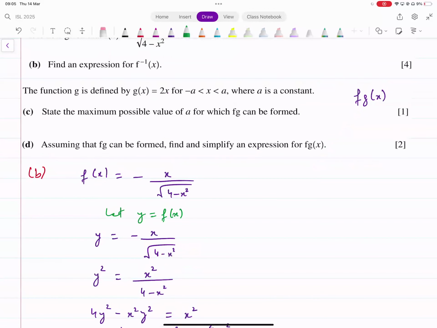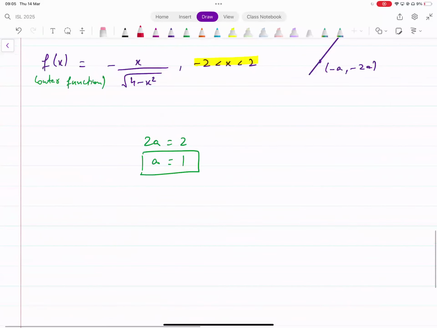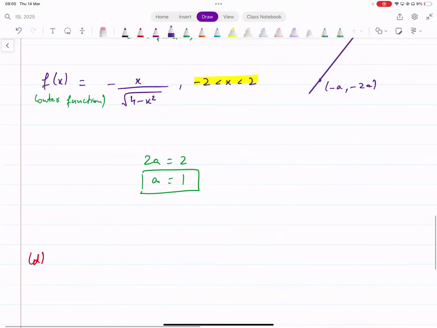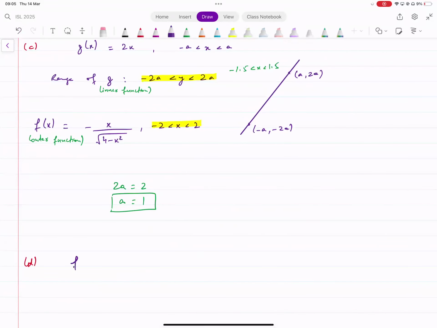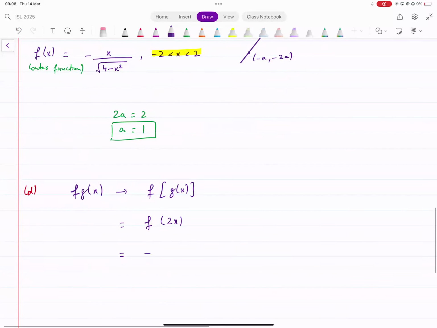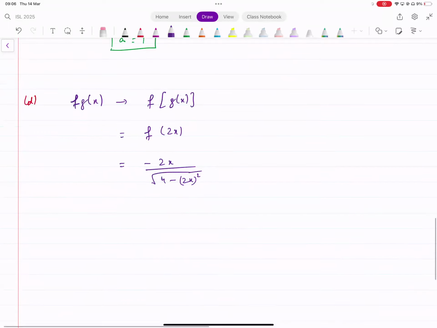Now assuming that fg can be formed, find and simplify an expression for fg of x. Now this is straightforward. बस आपने ये फंक्शन इवैल्यूएट करना है. दोनों फंक्शंस हैं आपके पास, fg आपने फाइंड करना है. fg कैसे आएगा अब इसमें से? ये दोनों फंक्शंस हैं f और g। f के अंदर g इनपुट कर दें, fg of x, we could write it as f of g of x, and that becomes minus, or let me write it like this first, g of x is 2x, so f of 2x, ये बस आपने यहाँ पर इनपुट करना है, minus 2x divided by square root of 4 minus (2x) whole squared. जहां भी x था उस फंक्शन के अंदर उसकी जगह पे 2x डाल दें। Now you could simplify this a bit.